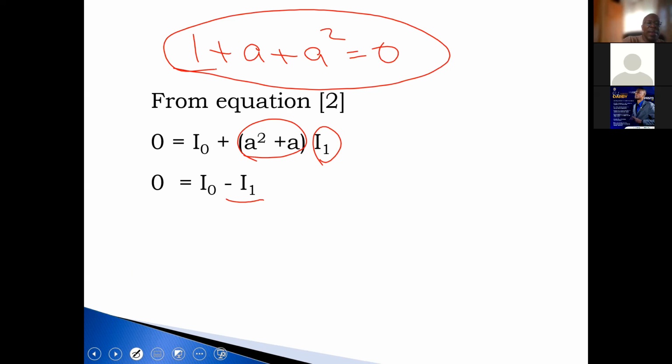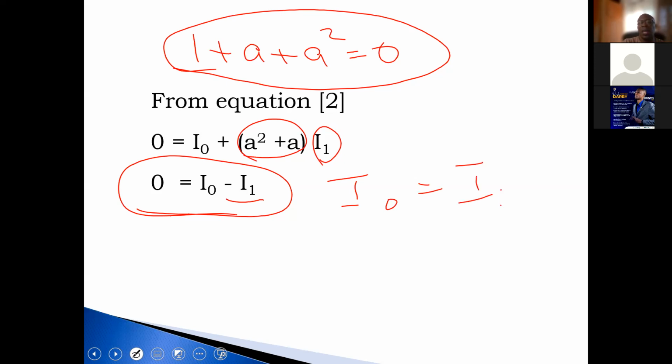So what we are seeing here from this expression is that I0 is equal to I1, and we have already established that I2 is equal to I1. So simply put, I0 equal I1, which is equal to I2.